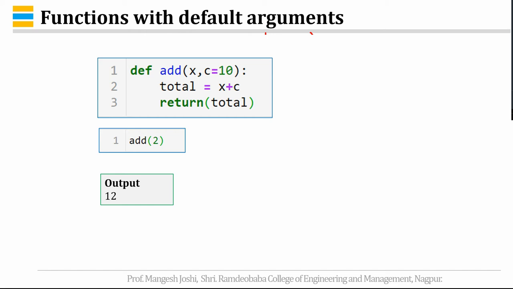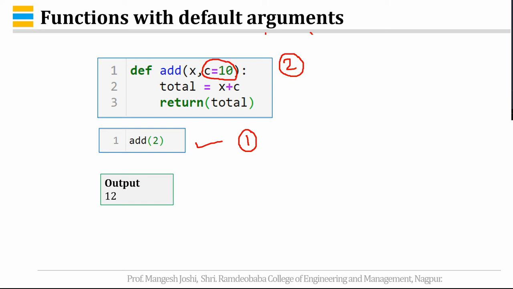For example, if there is a constant of 10, I have set c is equal to 10 by default. In the definition of the add function, you can see there are two arguments, but while calling the add function, we are only transferring one value.